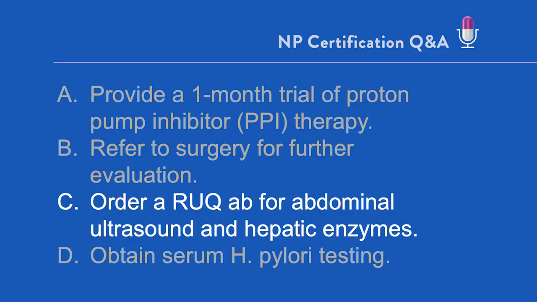In addition, and this is important, don't order serum H. pylori, even if you're thinking peptic ulcer disease. It's not the preferred diagnostic testing, and I will cover testing in peptic ulcer disease in another podcast, but you do need different diagnostic modalities.